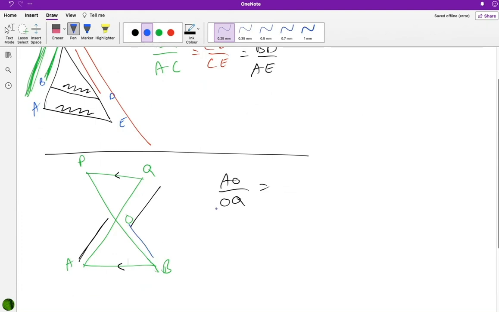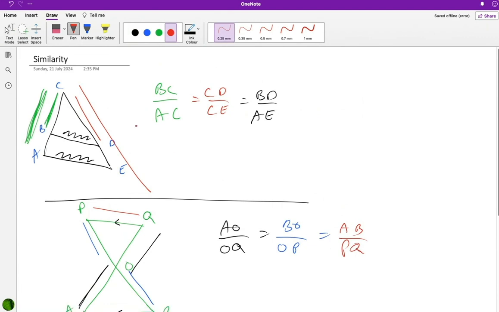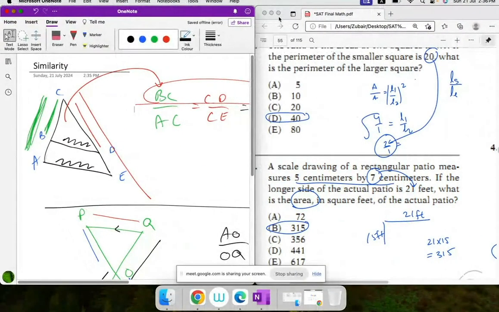Second, BO is similar to OP. And the third one, AB and PQ. One thing is compulsory all the time: if I kept the smaller triangle in the numerator, I keep that in the numerator throughout the question. So this is the concept which you're using.